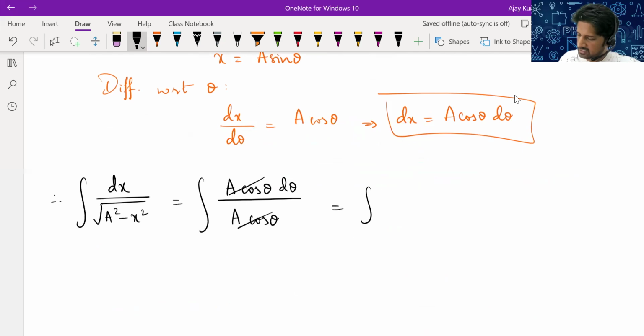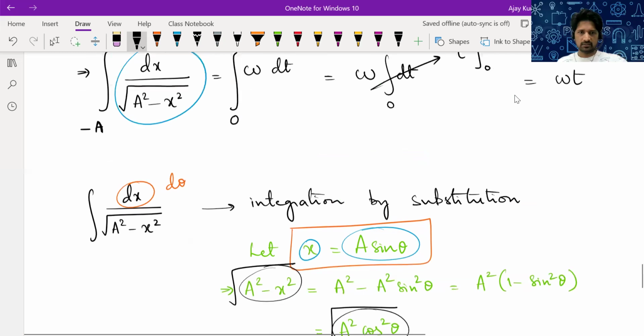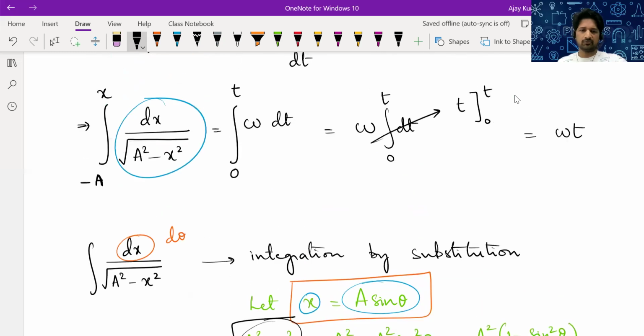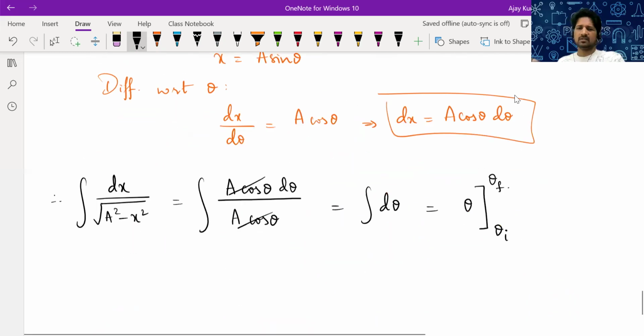So now it becomes a very simple integral d theta, which is nothing but theta, but you have to substitute limits for theta now, theta initial to theta final. Okay, so we have simplified the integral so far. On the left hand side, we had integral dx by root of a square minus x square, which after integration by substitution simply changed to theta.